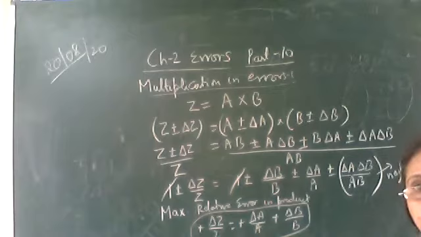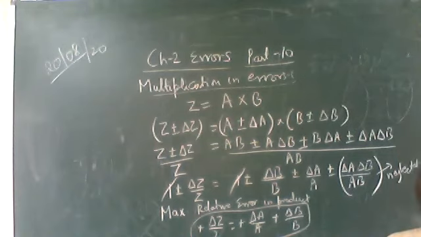Whereas in addition and subtraction, we find the maximum absolute error. Here we find the maximum relative error.